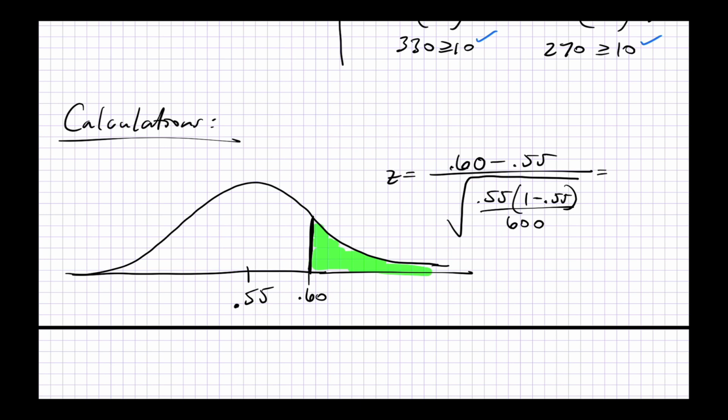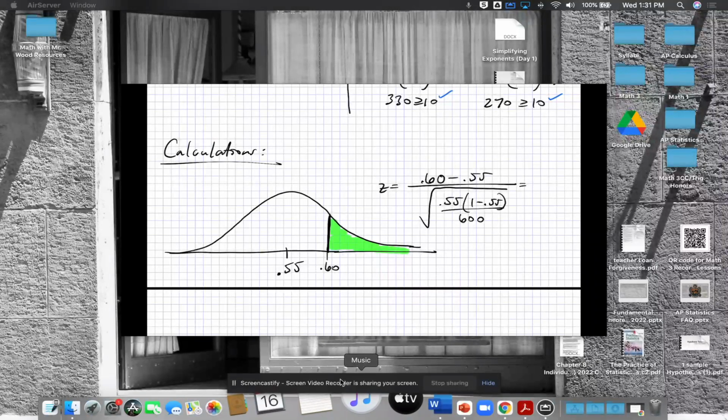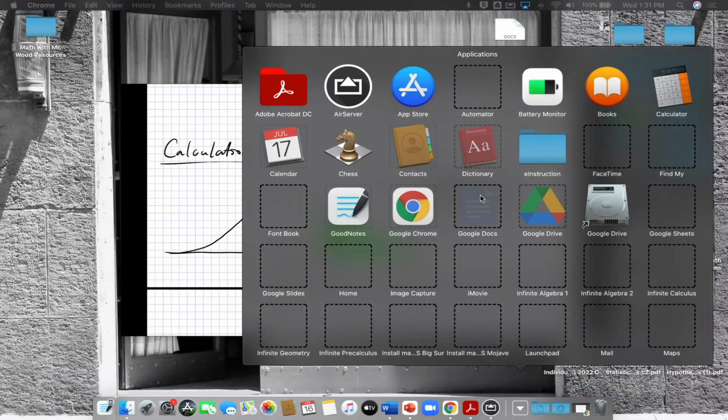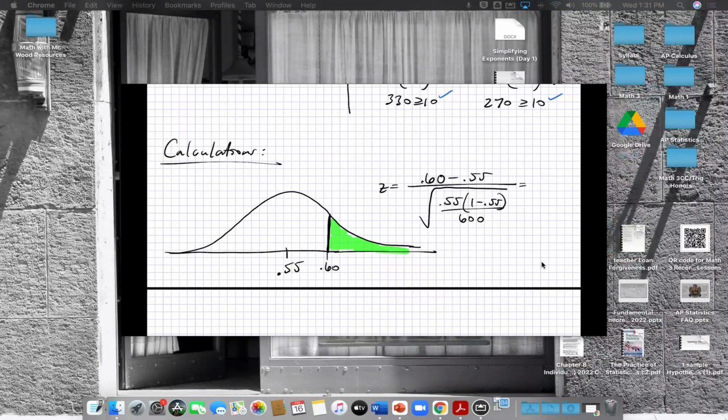From here, you can crunch those numbers. You don't need a fancy calculator; any scientific calculator will work. Or once you show that, you can go to the TI, which will give you another way to do it. I showed you yesterday, but we'll do it one more time.